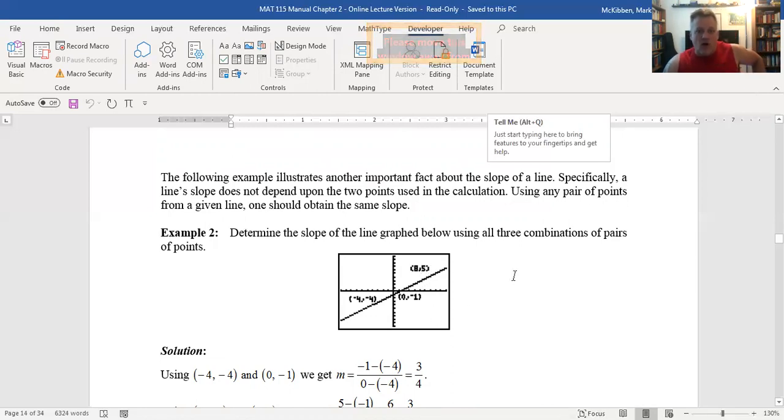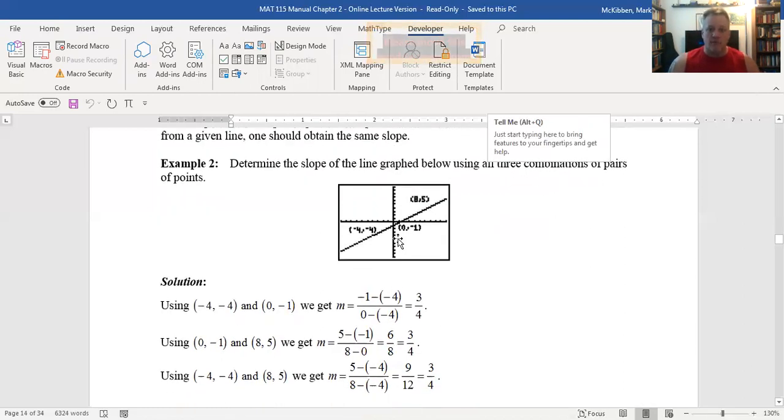The goal of this example is to compute the slopes using all 3 pairs of these points and show that no matter which pair you chose, you always got the same slope back. You can check through that, but in fact, that's always the case for a line. A line is a curve with constant slope, constant rate of change. And so it doesn't matter what point you choose, you'll always get that same measure of its steepness.